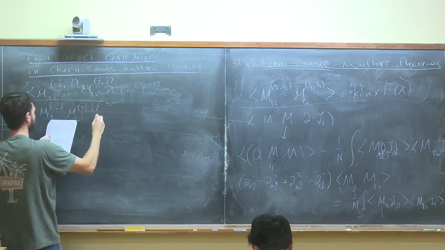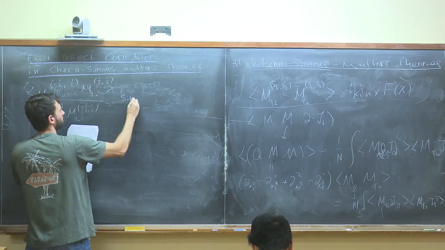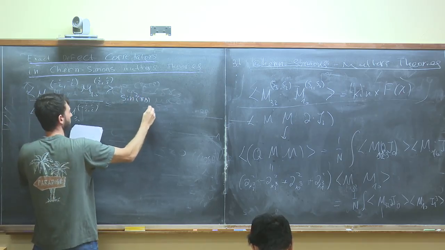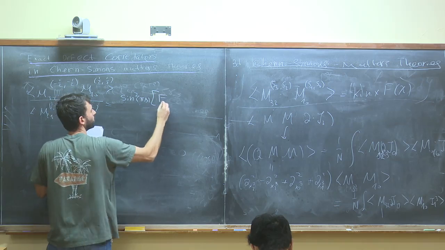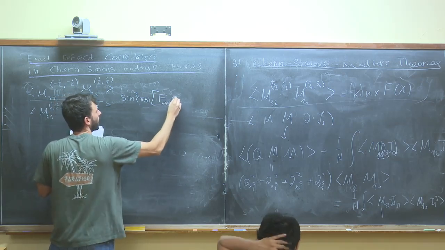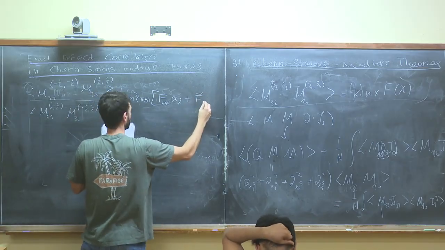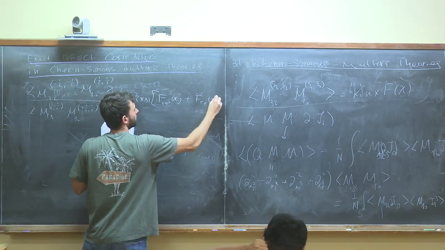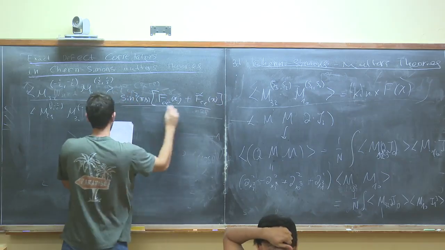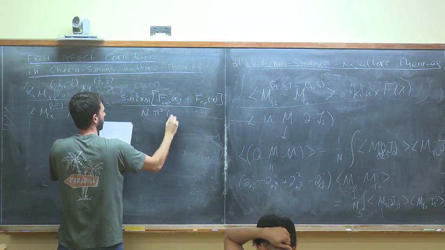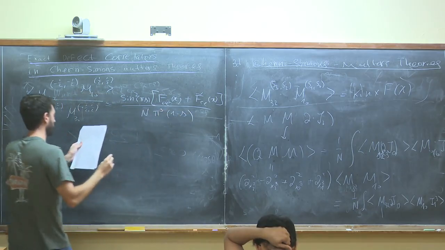And what I find is the following: sine pi delta squared times F_EE(chi) plus F tilde_EE(chi), divided by N pi 3 1 minus delta.